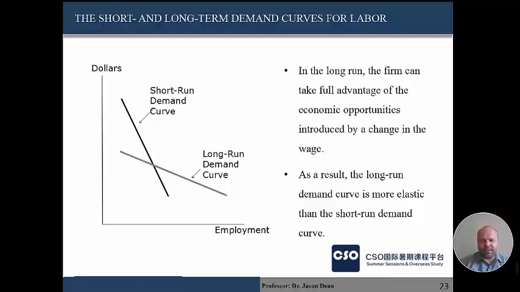For any particular input, there's going to be less opportunity in the short run to change your inputs or substitute away from the input that has increased. But in the long run, there's going to be more opportunity for you to do that. And so the demand curve in the long run is going to be more elastic.